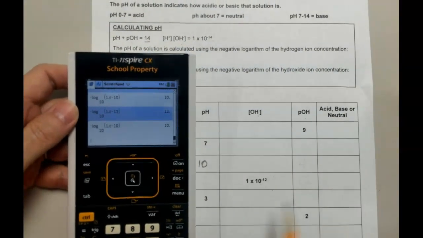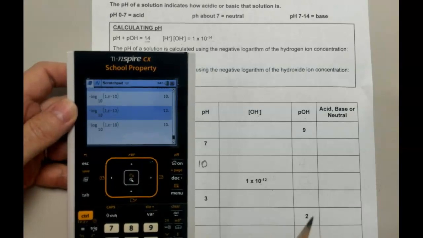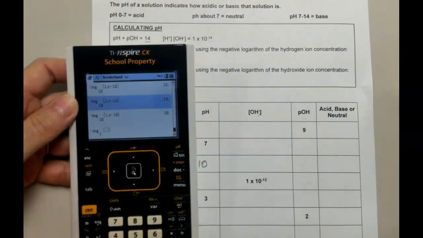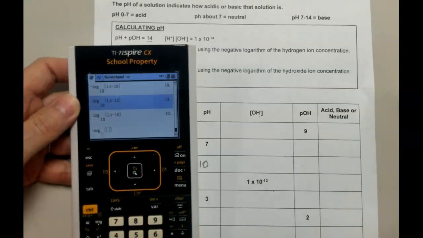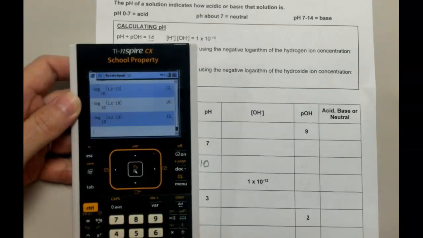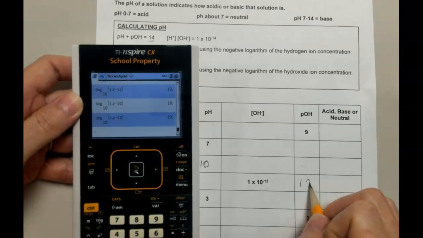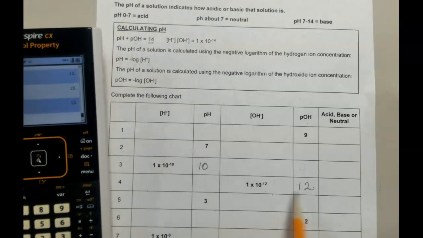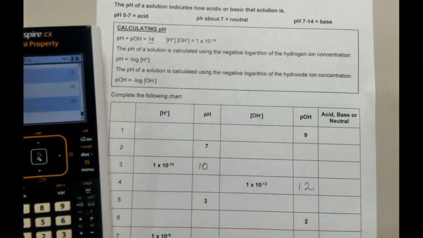We're going to go negative, control log, arrow over into the box, and we're going to put in 1, the EE button, and what's my exponent? Negative 12. Okay, see that? And hit enter. All right, so we get 12. So we see how that corresponds to each other.